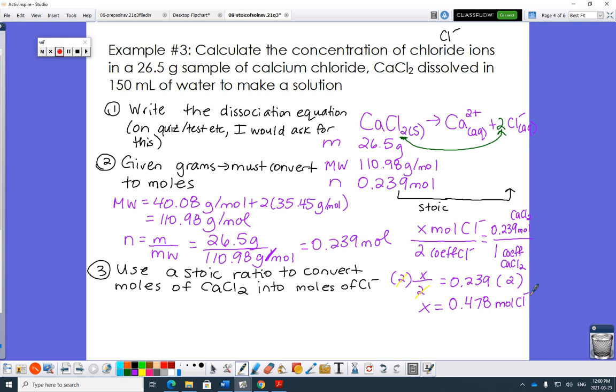Once you have moles of the substance, you just want to read the question carefully. I could ask you to change it back into grams. In this case, it asks for concentration. Maybe it just wants you to find the moles and you would be done. So once you do the stoich part, there's a variety of things you could be asked. But it does say concentration.